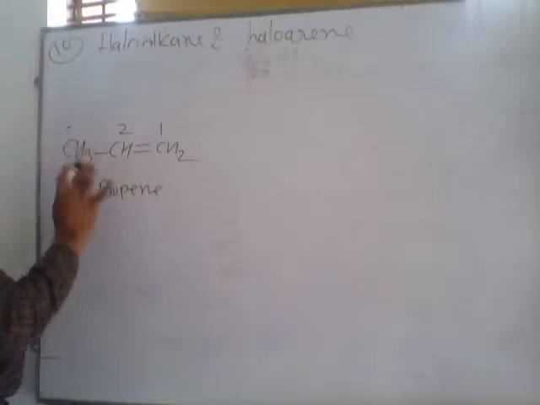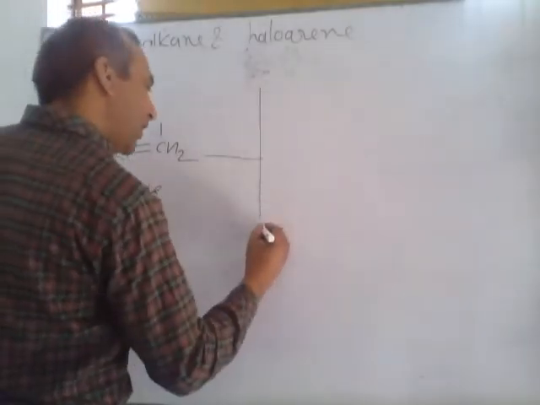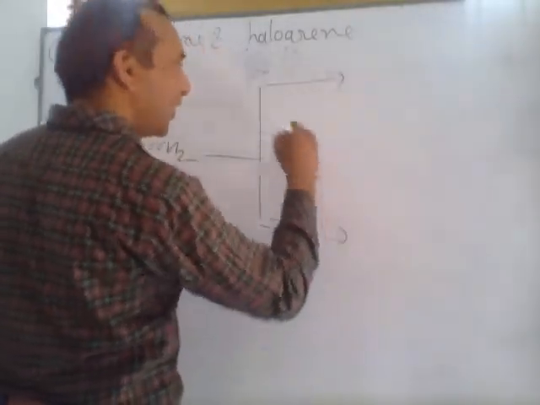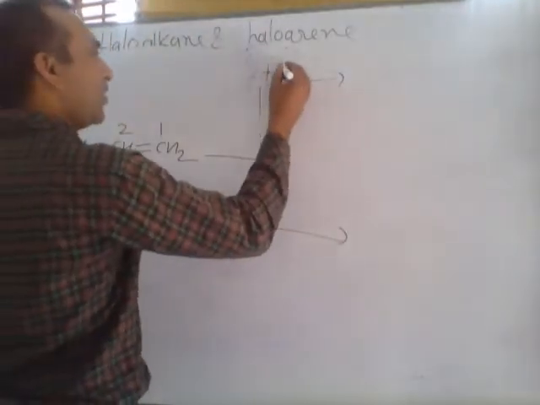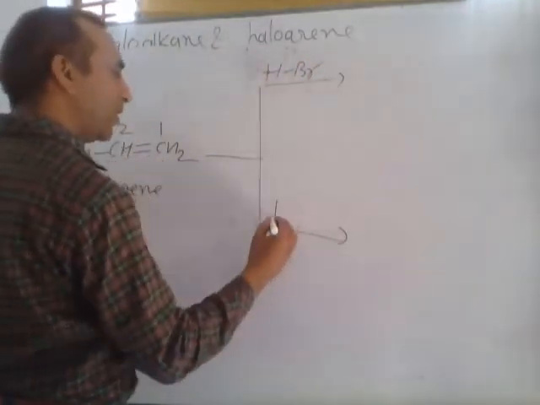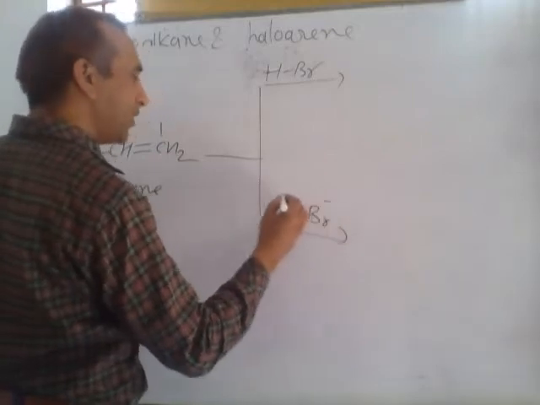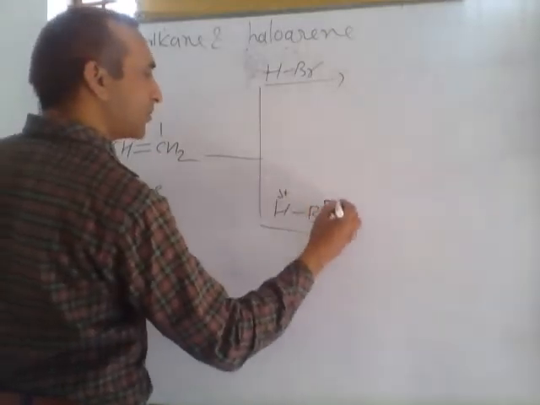Propene is an asymmetric alkene. On an asymmetric alkene, when any polar molecule, suppose we are using HBr, HCl, this is a polar molecule, delta minus, delta plus.